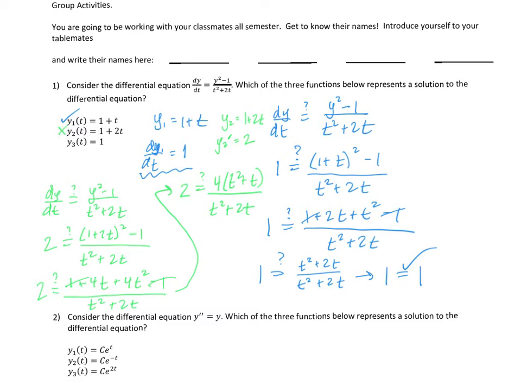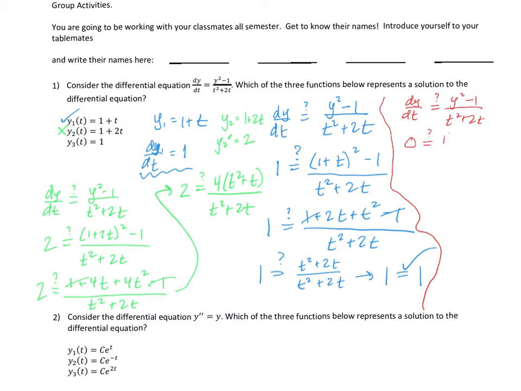Okay, let's go ahead and look at y3. I'm running out of room here, so I'm just going to do it over in this margin. Luckily, y3 is just a constant. y3 equals 1. So does dy/dt equal (y squared minus 1) over (t squared plus 2t)? Now, if y equals 1, then dy/dt is 0.